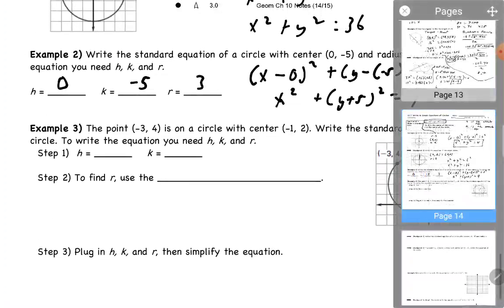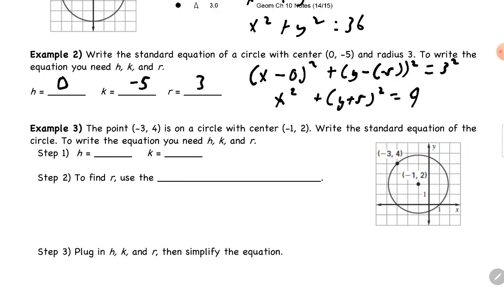All right, example 3. The point -3, 4 is on the circle with a center of -1, 2. Write the standard equation of a circle. Okay, so we need h, k, and r. So we know the center of the circle. That's -1 and 2.